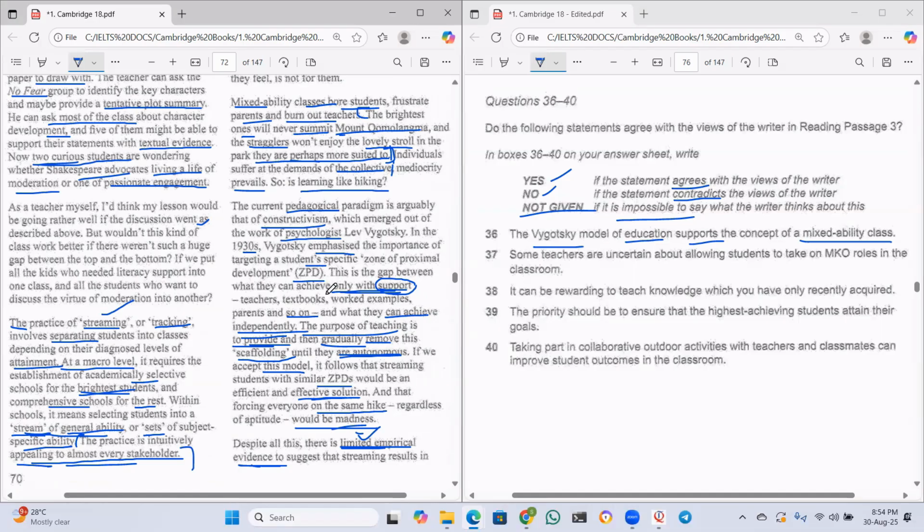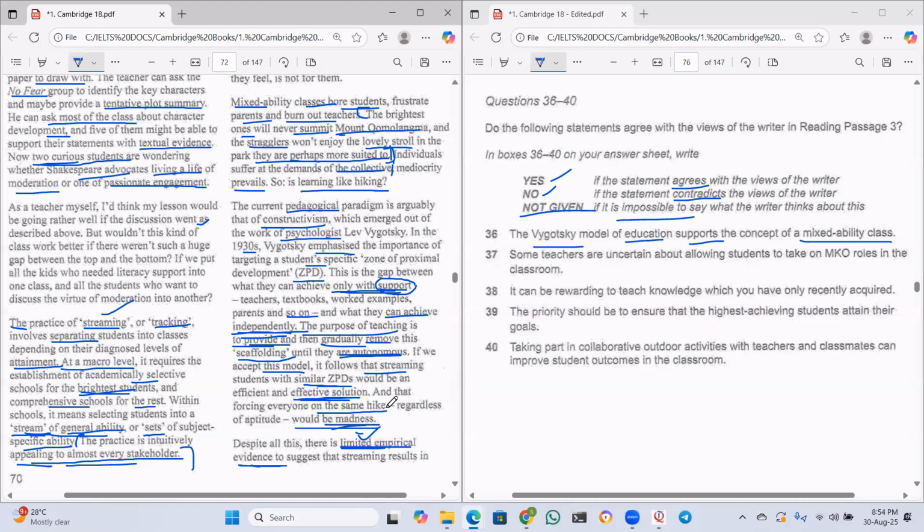This is the gap between what they can achieve only with support and what they can achieve independently. This is what his theory said. So the purpose of teaching is to provide and then gradually remove the scaffolding until they are autonomous. If we accept this model, then streaming students with similar ZPDs would be an effective solution. Otherwise, it would be madness.